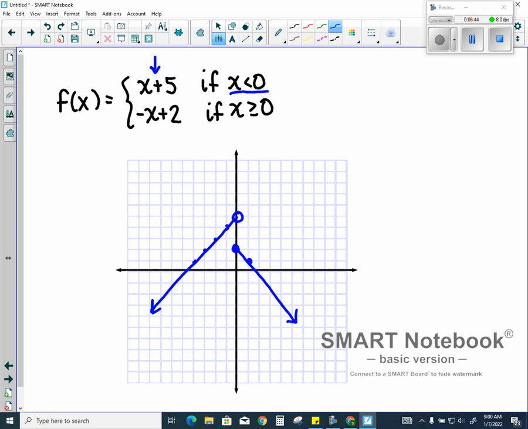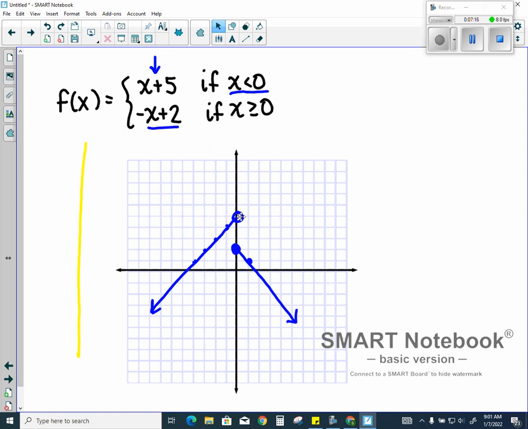Okay, when x equals 0, I actually get to plug it in down to this expression like we did on the other page. Okay, so I'm going to make a solid point there. The important thing is to keep in mind that whatever I draw has to pass the vertical line test. This is a function, and so right here, I can't have 2 circles filled in because then it wouldn't pass the vertical line test. Okay. If there is a hop or a skip in your piecewise defined function like there is here, there's a break.